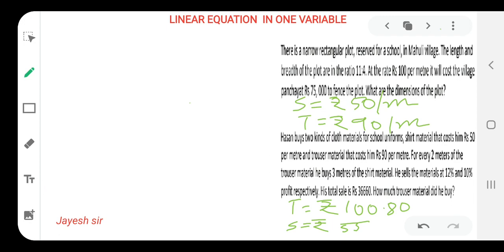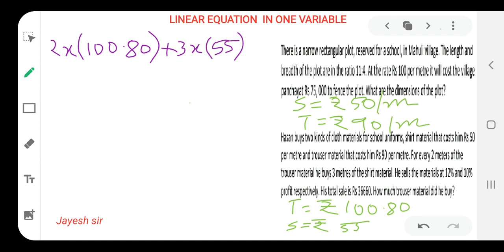I am selling 2x, that means 2x is the cloth required for the trouser, so 2x should be multiplied with the cost, because the total cost is given, plus 3x is the cloth used for selling the shirt and the cost for selling 1 meter is this, and the total that is to be given over here is 36,660. Yes friends, this is the total.